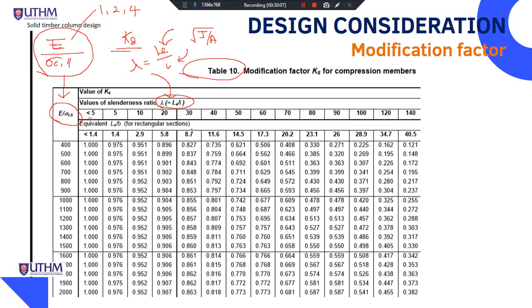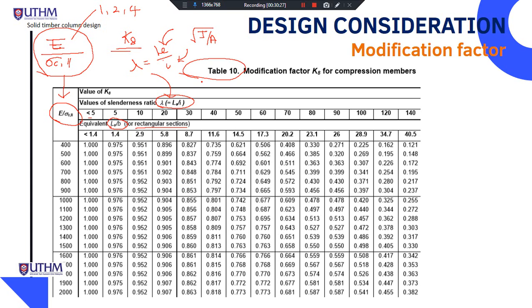And also for the rectangular section only, you can determine the value based on L effective divided by B, the least dimension.